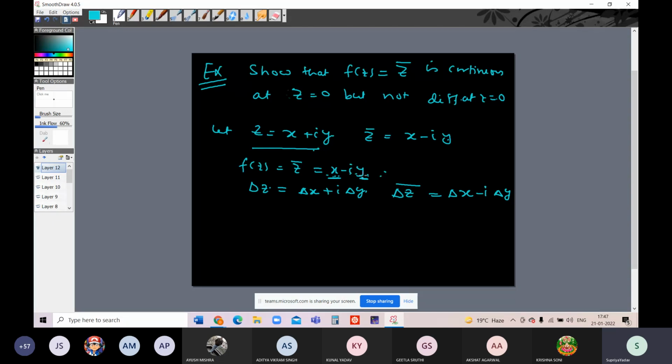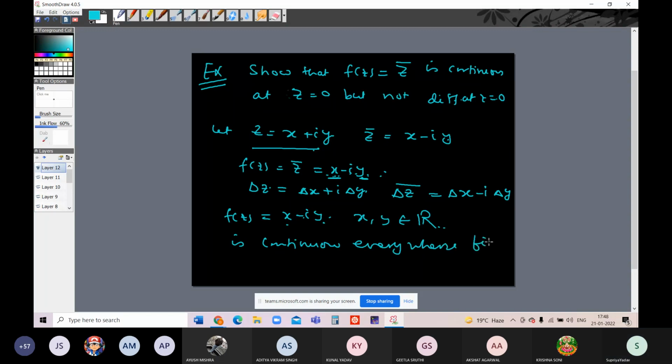Here x and y belong to the set of real numbers, and it is continuous for every x and y in R. So obviously f(z) is continuous at z equal to 0.